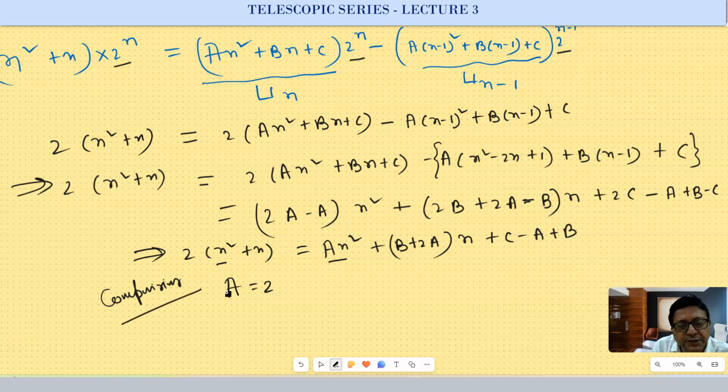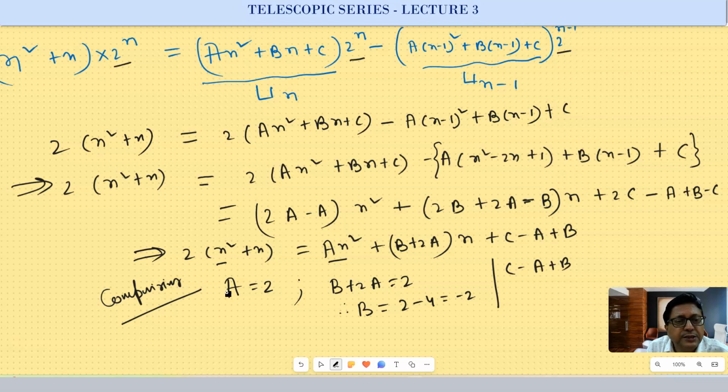Comparing the coefficient of like terms, we get a equal to 2. So b's value is 2 minus 4, this is minus 2. c minus a plus b equal to 0, so c equal to a minus b.